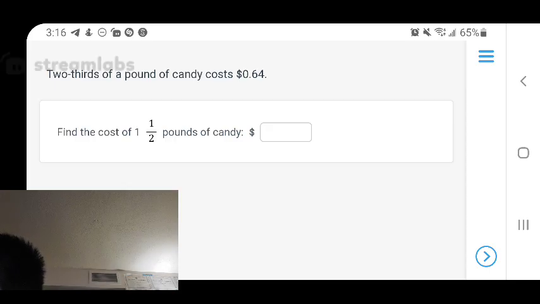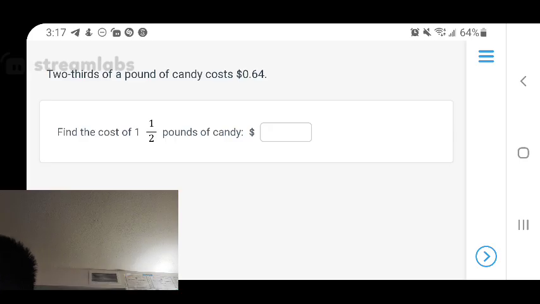Yeah. Divide by 2, that's like 0.96. Yep, so you know x is 0.96. Oh, you wanted money. X is 96 cents. So you do 3/2 times 96 cents.